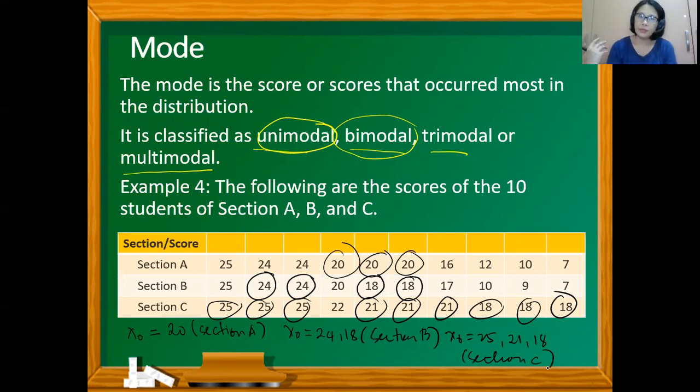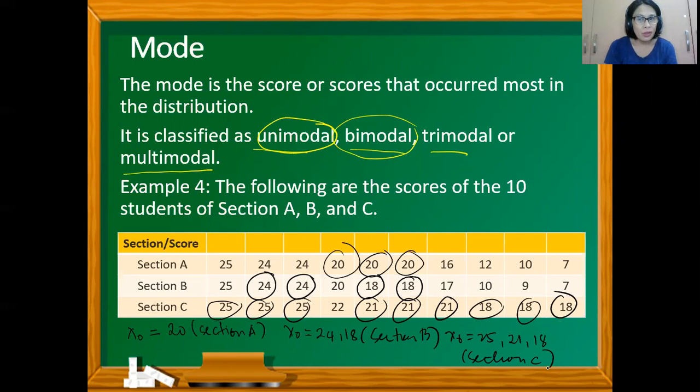So again, when we say mode, this is the score or scores that occurred most in the distribution, a score with the highest frequency. In some situations, we come up with two highest frequencies and we call that bimodal.